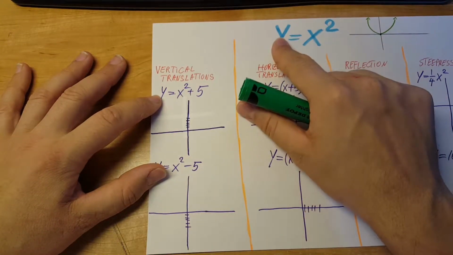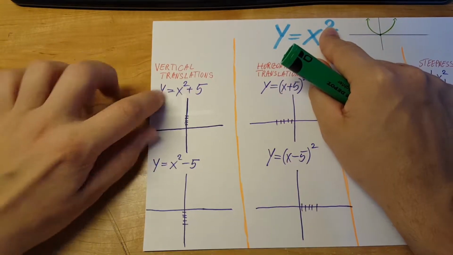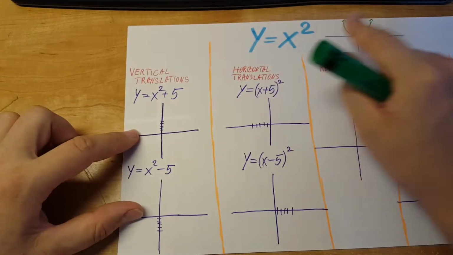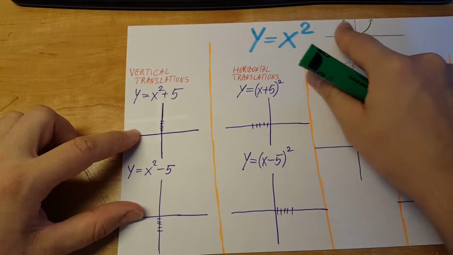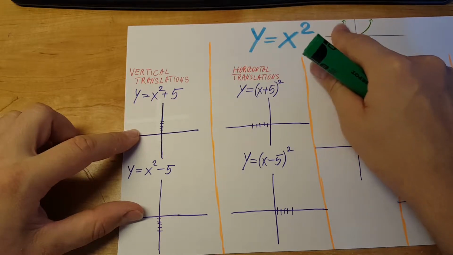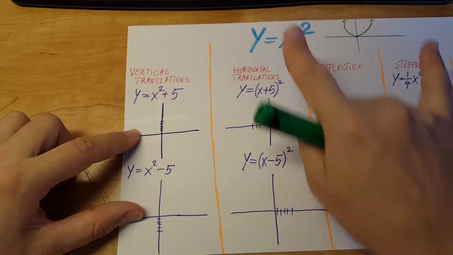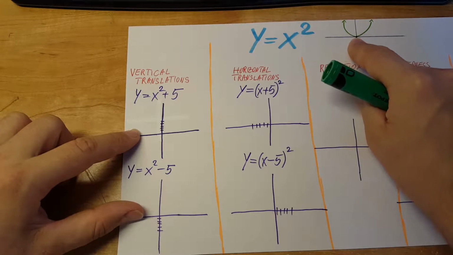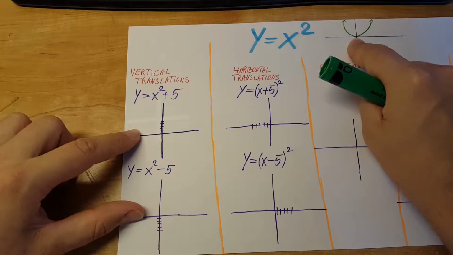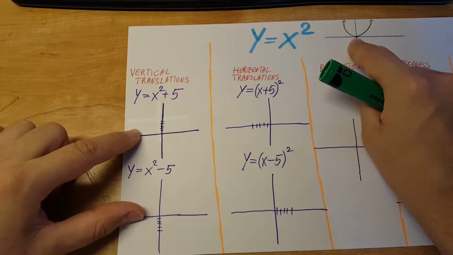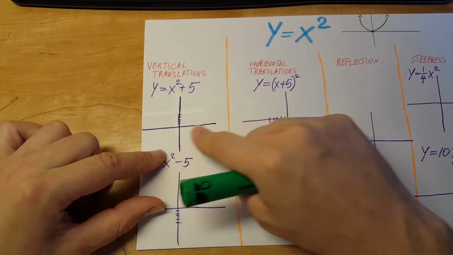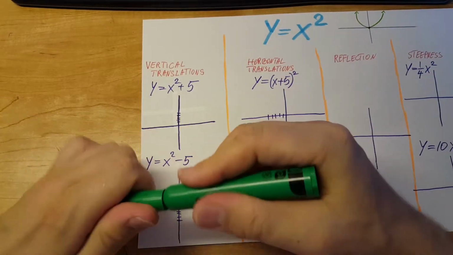So, if we take y equals x squared, but add a plus 5 to the end of it, then the graph will be exactly the same as this one. Nice upward opening parabola, except its vertex is not going to be on the point 0, 0, it will be moved up 5 on the y-axis.